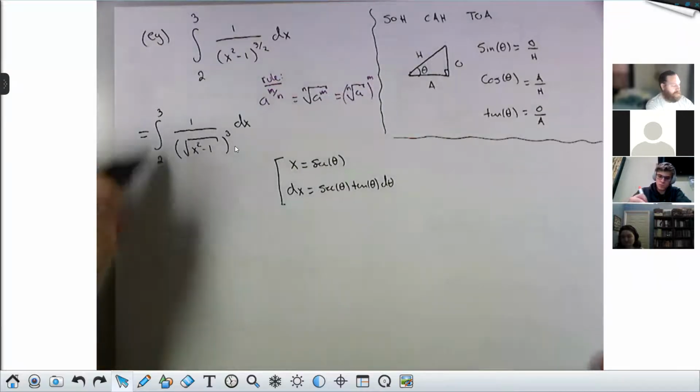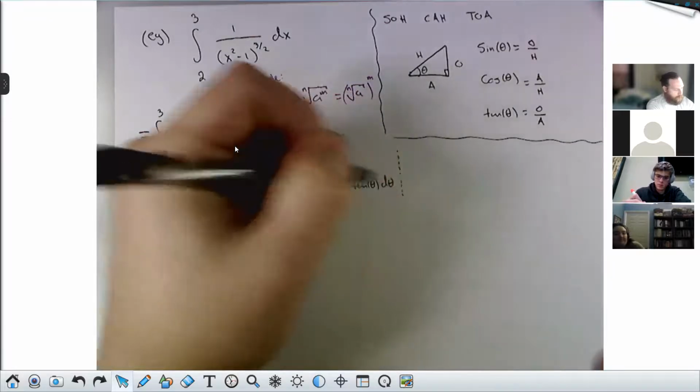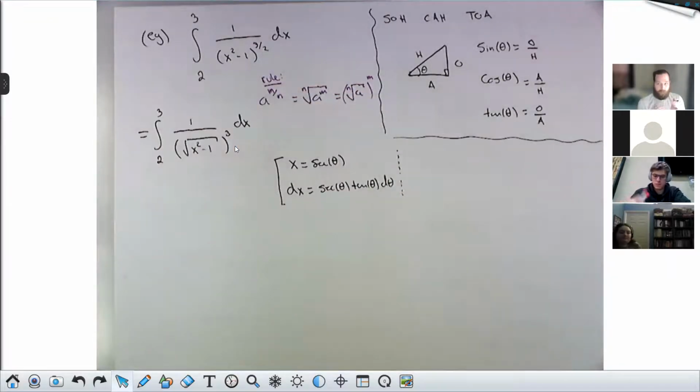This is a definite integral, not an indefinite integral. So here, I'm actually not going to draw a triangle. Remember, anytime you make any substitution in a definite integral, you need to change the bounds.